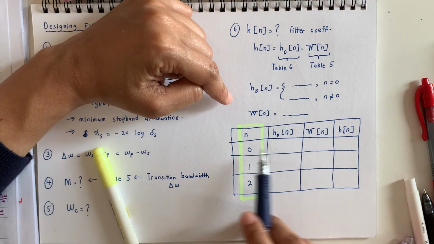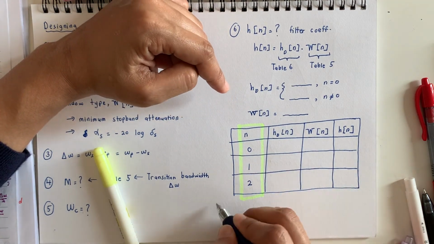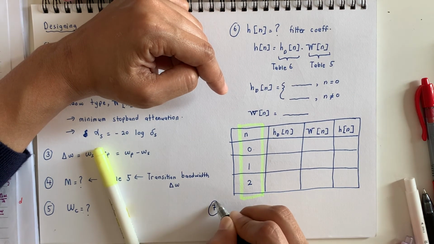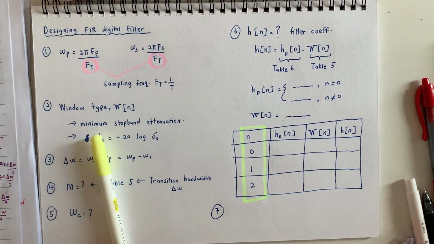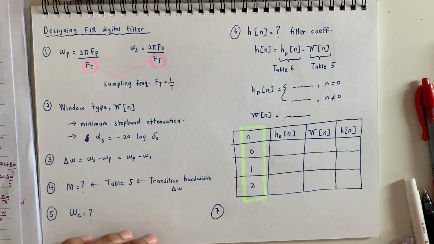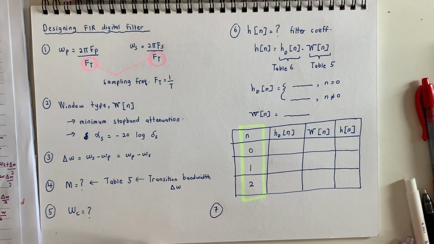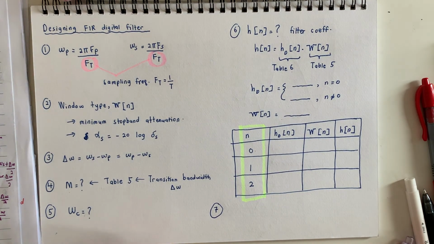After you get all those values, you need to conclude. Remember again, for filter design we have two problems: one because of infinite time, another because of the non-causal issue.